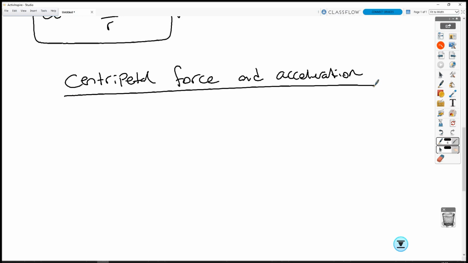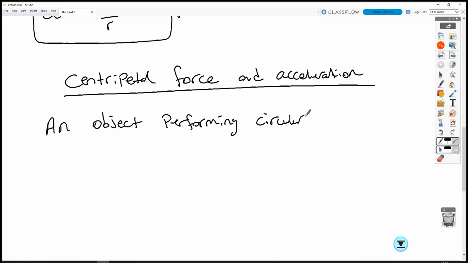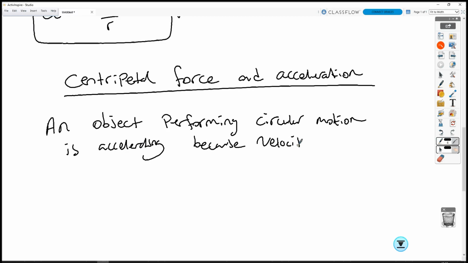An object performing circular motion is accelerating because velocity is a vector and direction is changing.